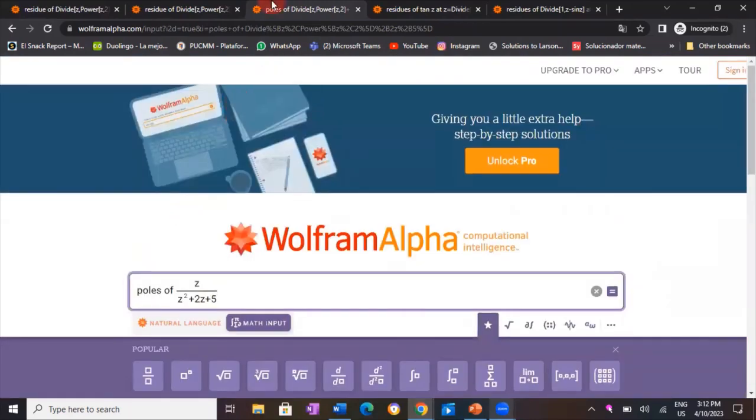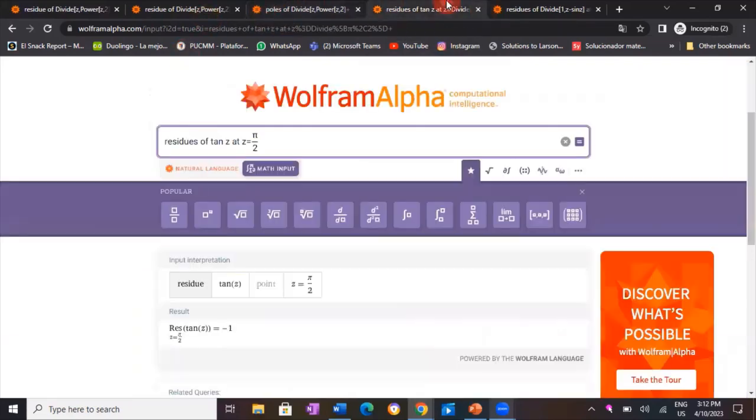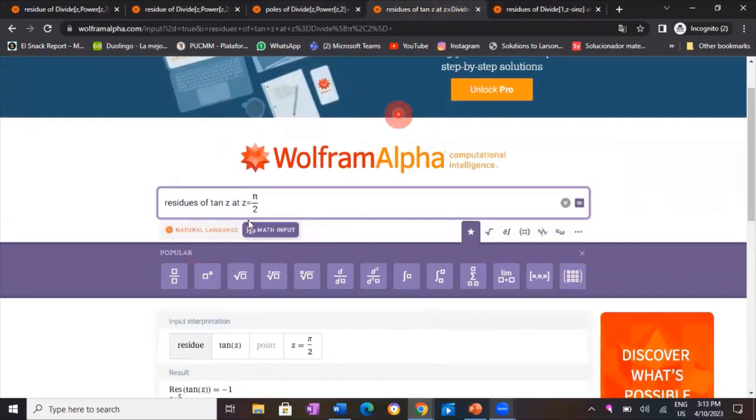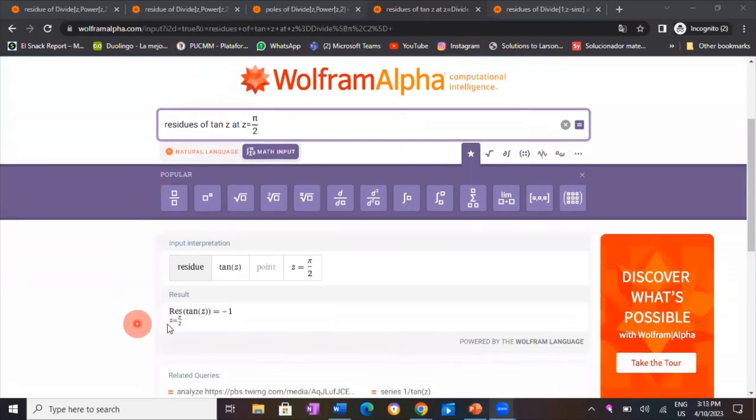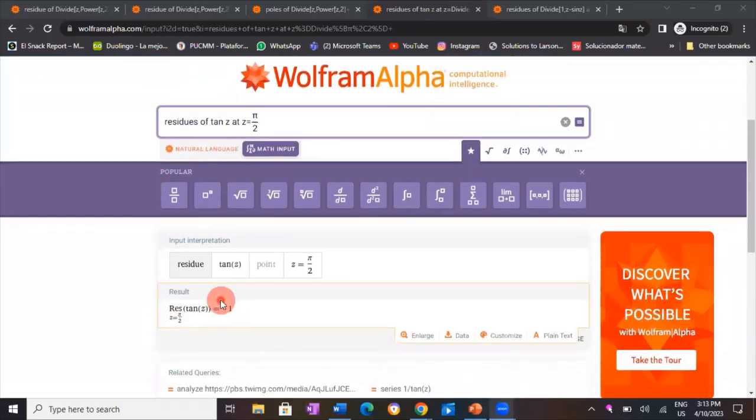So the same goes with this other exercise. It's more of the same. It's even kind of boring, especially if the exercises are quite similar. So we're just going to find the residues of this function at c equals pi over 2, and then we'll find that the residue is equal to -1.